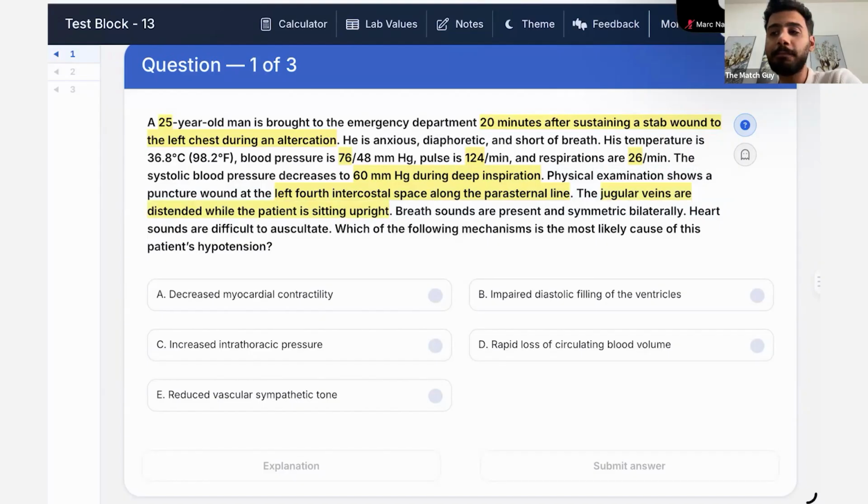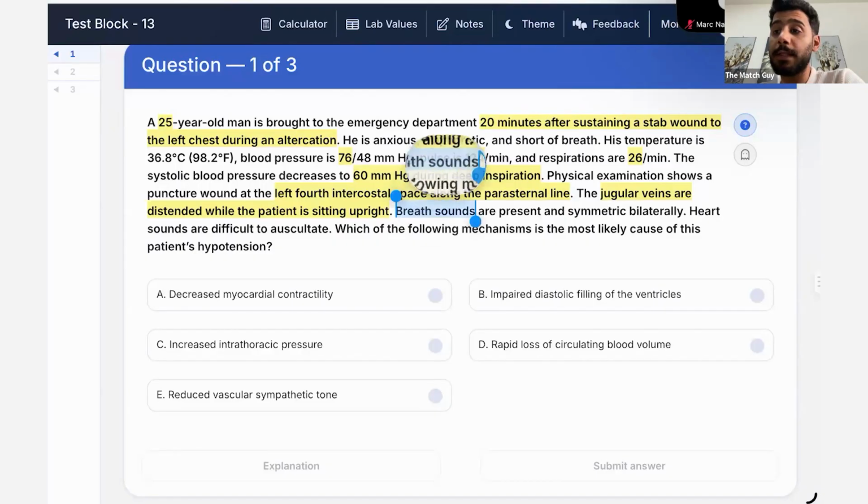In terms of the different physiological variables, this means that the JVD is increased, which means that the central venous pressure is high. And we have low blood pressure, which means low cardiac output, or it could also mean low systemic vascular resistance, but we have increased jugular venous pressure.